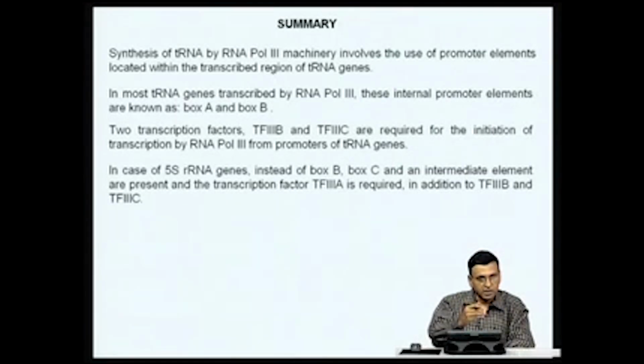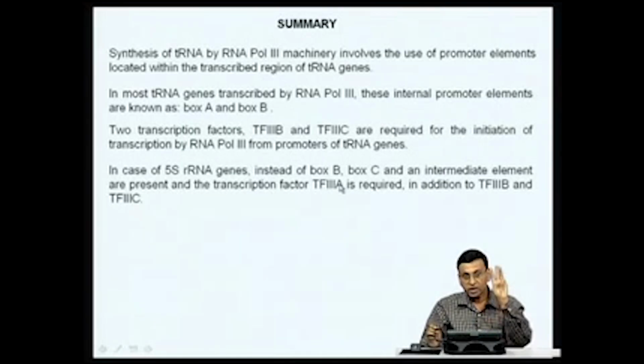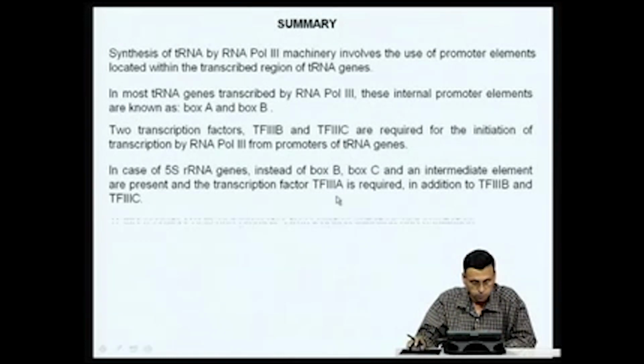Whereas, if you come to 5S RNA, it is slightly more complicated than tRNA gene promoters, where the cis-acting elements, instead of box A and B, are designated as box A, intermediate element and box C, and in addition to TFIIIB and TFIIIC, they also require TFIIIA. So, three major trans-acting factors are required for transcription of 5S RNA gene promoters, whereas only two trans-acting factors are required for the transcription of tRNA gene promoters. This is the major distinction between the two.